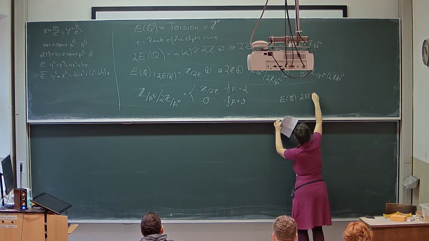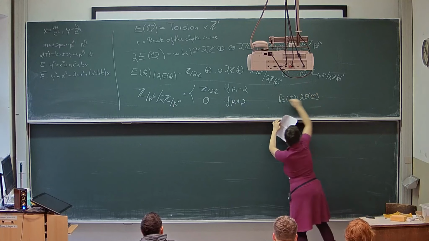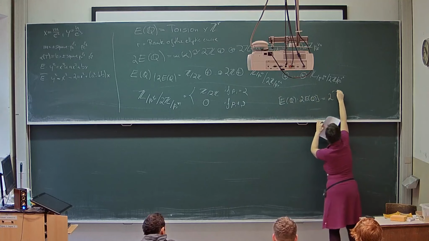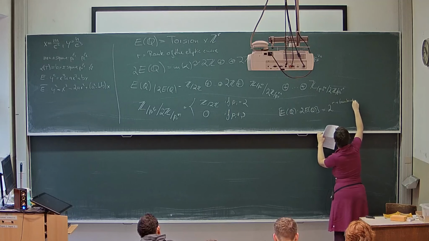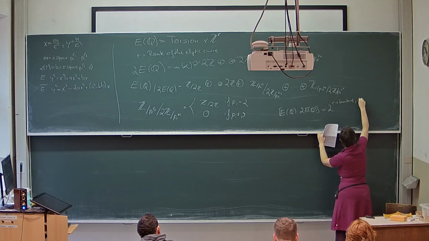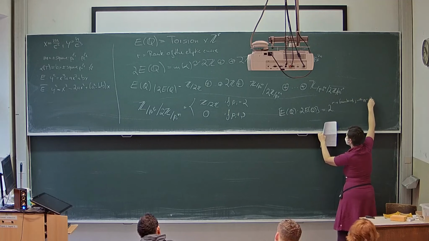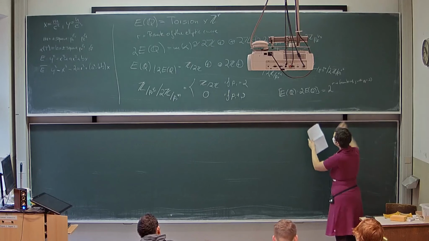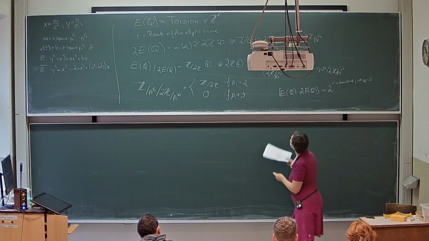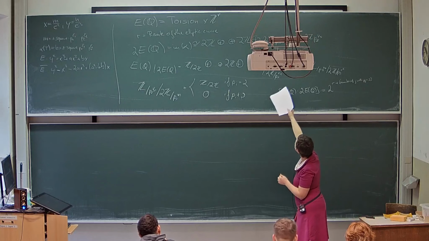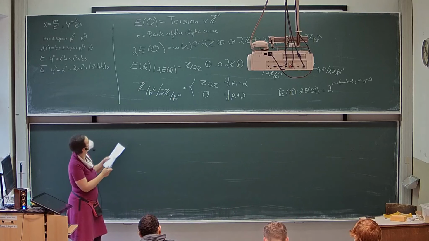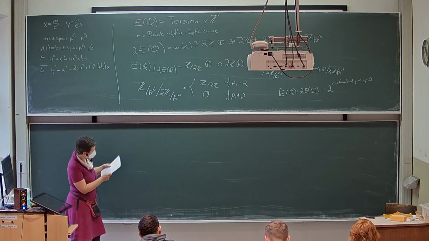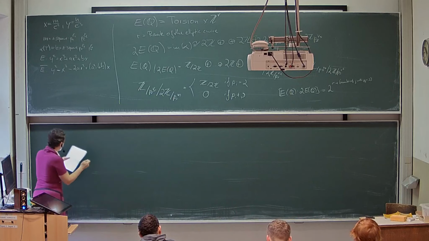This is what I just said: p_j equal to 2. So those p_i are the p's from the torsion part. So there cannot be too many. So we now consider the 2-torsion.